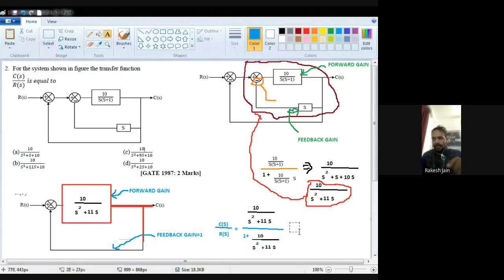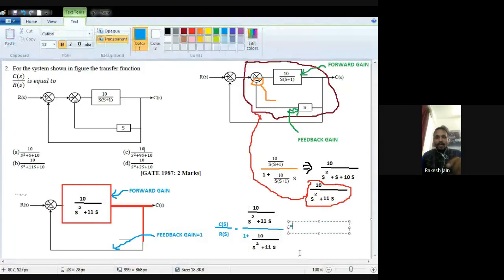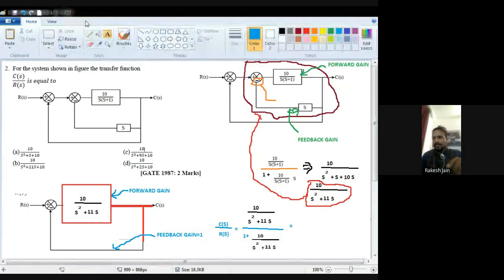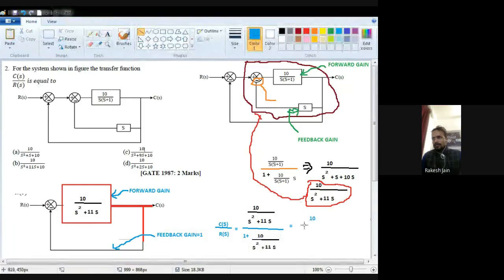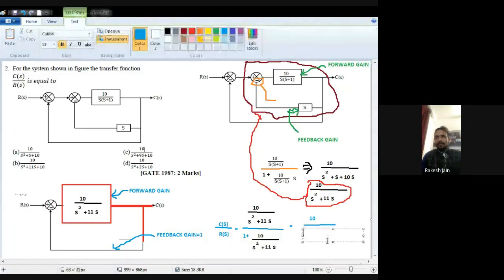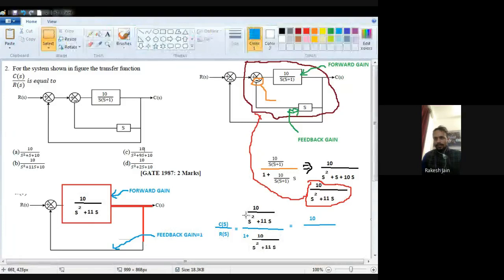When I put the s square plus 11s as an LCM from the LHS side, then I will find 10 upon s square plus 11s plus 10. That will be my answer.